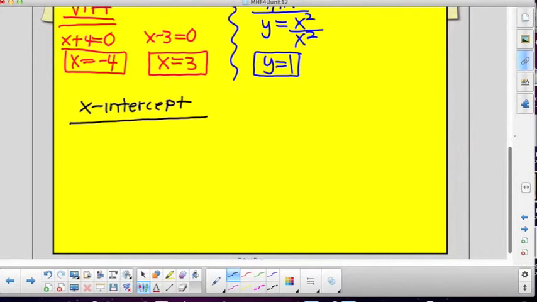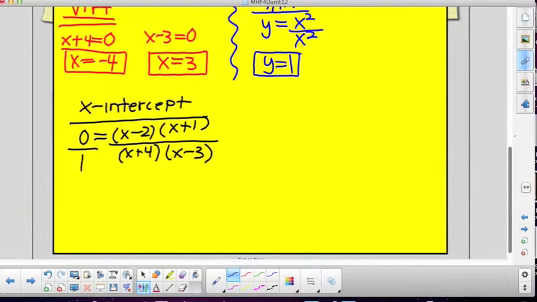If we take our function, 0 is equal to (x minus 2)(x plus 1) over (x plus 4)(x minus 3), and we cross multiply, you'll notice your whole denominator goes away, so you're left with (x minus 2)(x plus 1) is equal to 0.